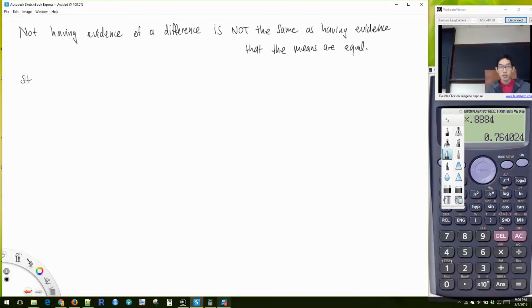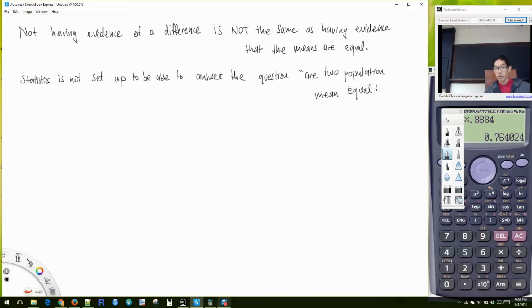Are two population means equal? Okay. We can only answer yes, they're different, and I'm not sure if they're different.